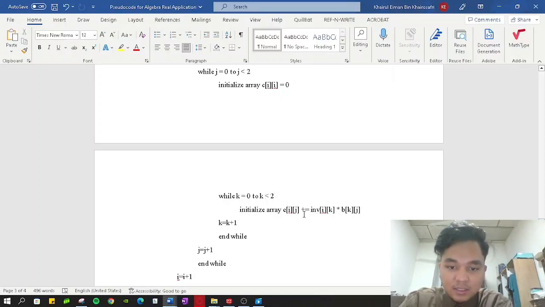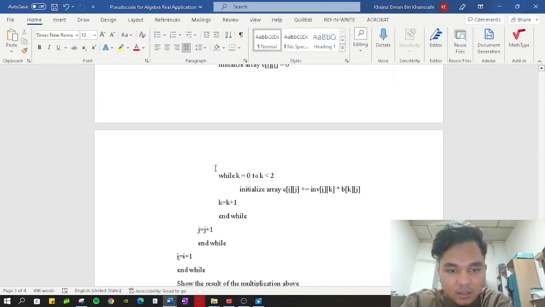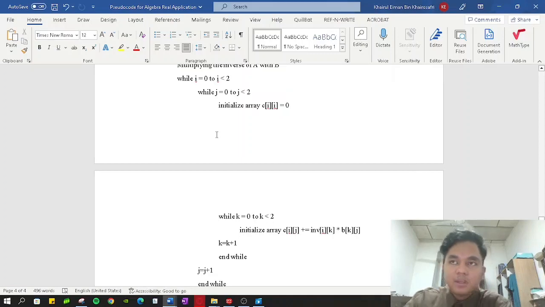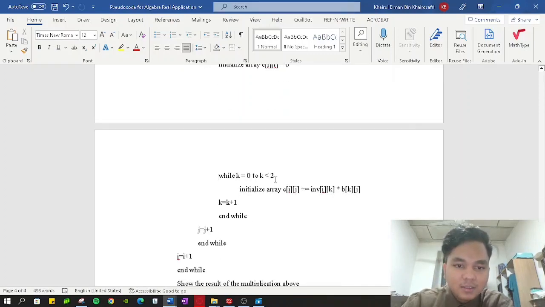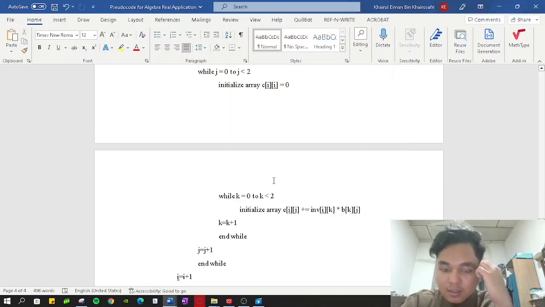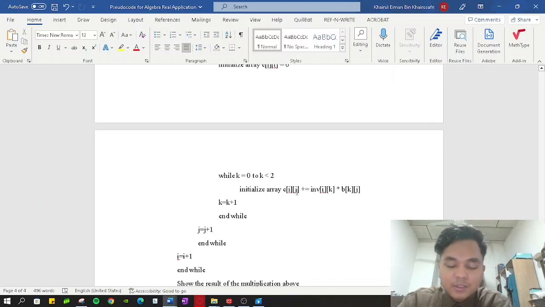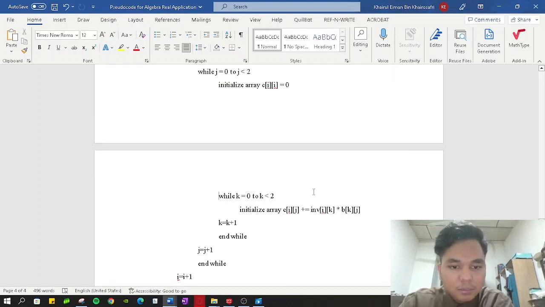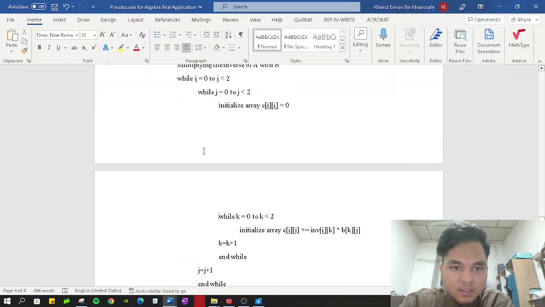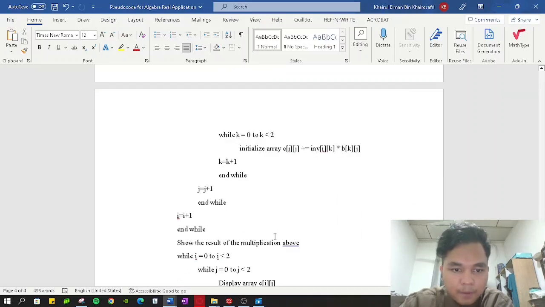Initialize array C. This is the formula for multiplying matrix and matrix. I searched on the internet how to solve this, and I use it in this programming. This part. Okay.